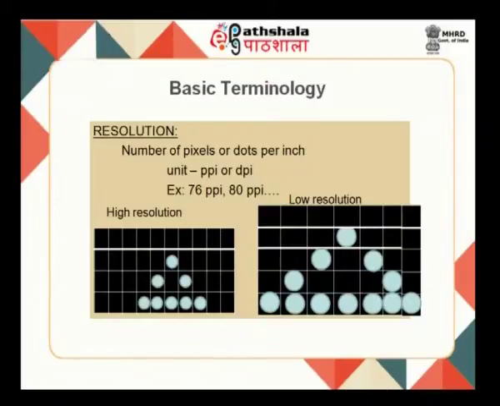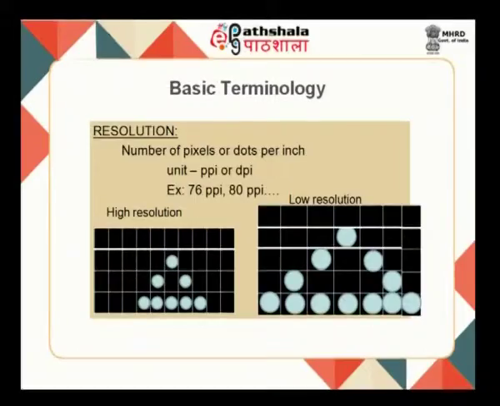Now, you should try to understand the difference between resolution and pixel dimensions. Both are not the same, as we take it the same most often, but they are not the same. Resolution is the number of pixels per inch, or dots per inch. When we say resolution, we mean how many pixels there are in an inch of space.